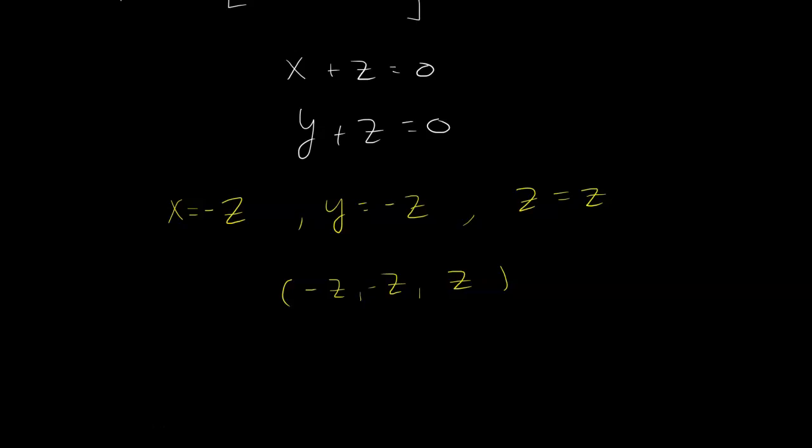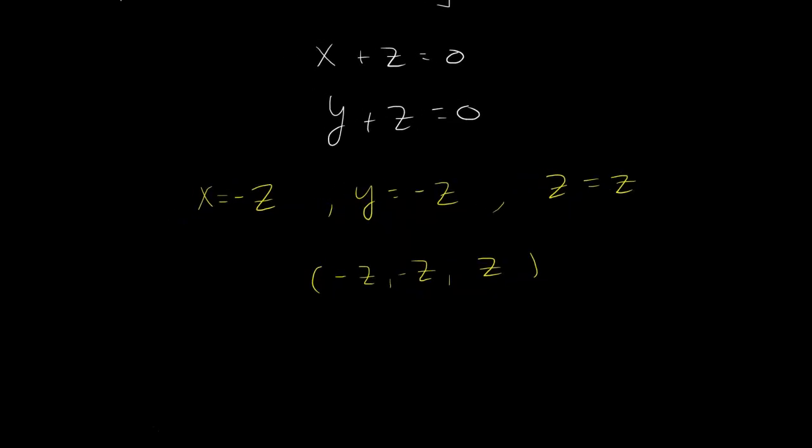Now, what we might see our book do, trying to give us something that's a little bit more vectory, is you might think, well, I could find a parametric equation that would explain this as well. I could say, for instance, that there is a particular solution, right?